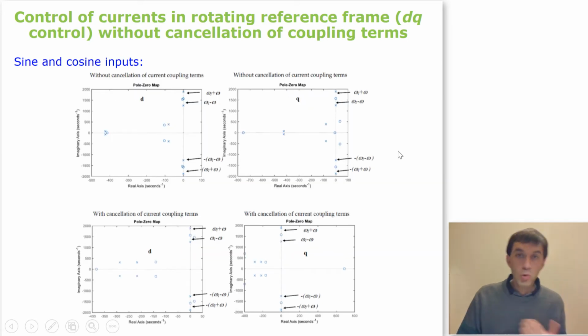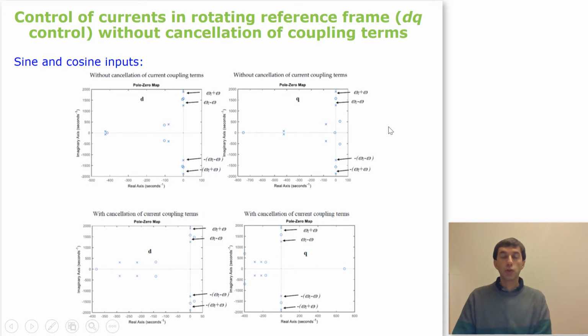So if we substitute the same numerical conditions that we used in the previous control, what we see now is these are alpha currents with D affecting the D reference and the Q reference. This is without cancellation, and this is with cancellation.